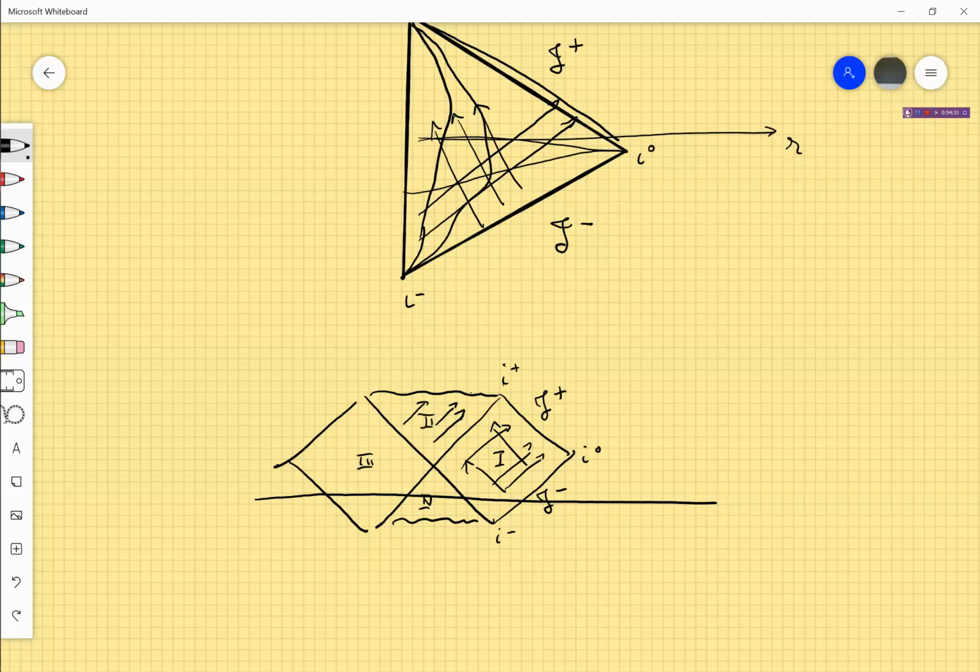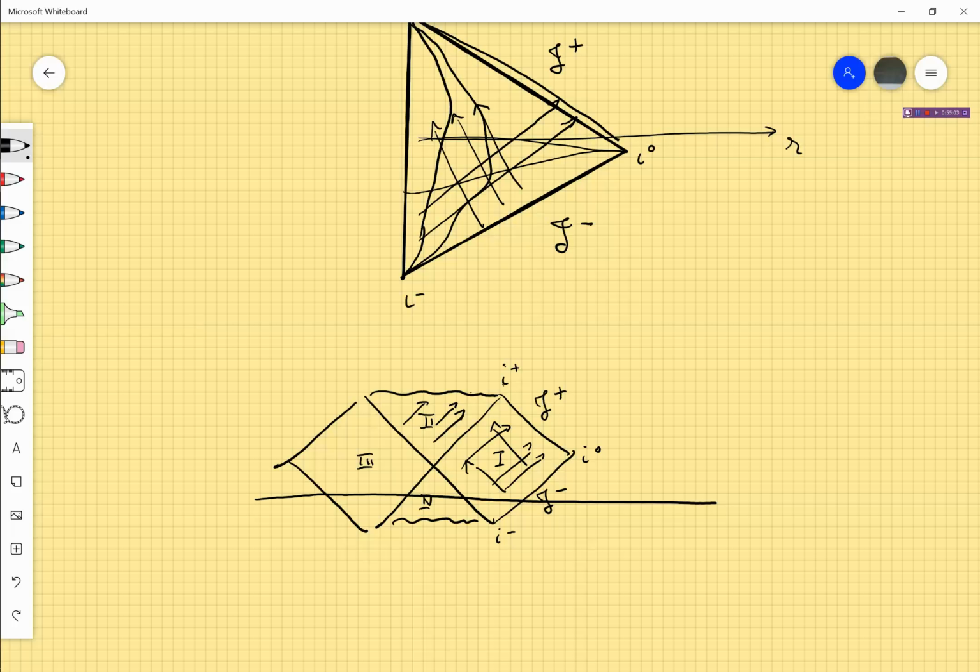There are other notions which are interesting, like that of trapped surface or trapped region, and there are quasi-local definitions, but the only ones that really do the job are this global definition of horizon. So this is an appetizer for the next lecture, in which I will try to tell you about more general kinds of black holes.